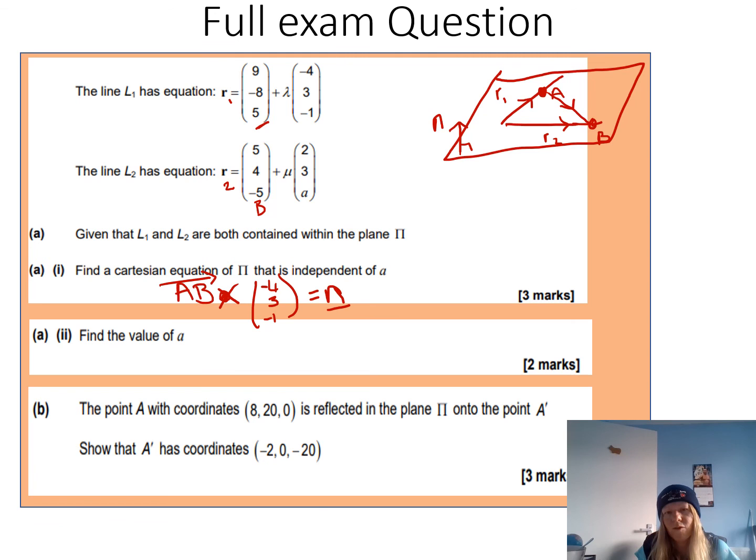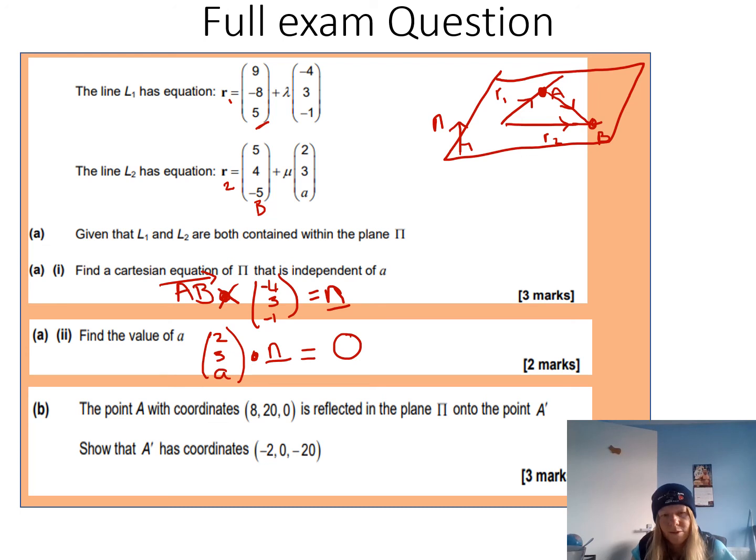Or maybe more sensible would be to say, well, this lies on the plane because we're told so. So we know that that thing dot the n value that you'll have found, if they're perpendicular, then you know that the dot product is 0, and then you'll be able to find A that way. I think that's a bit simpler.